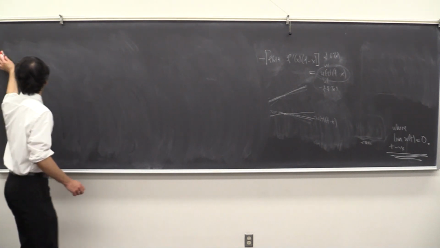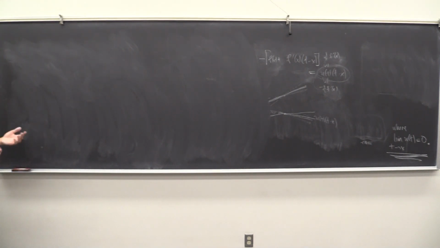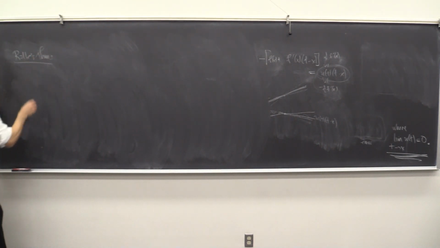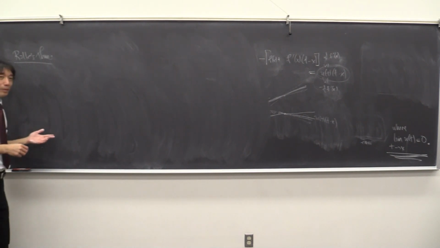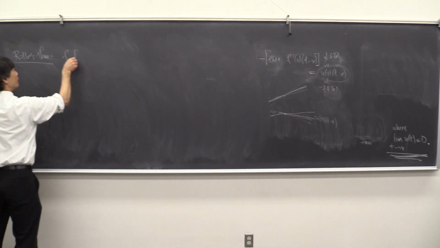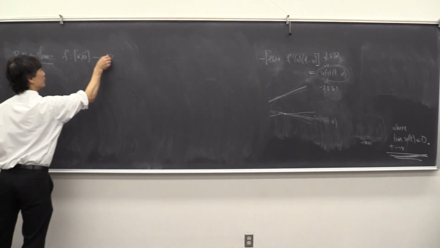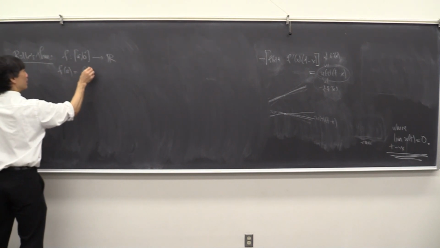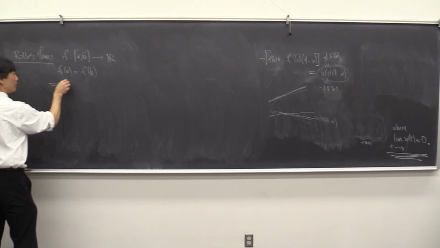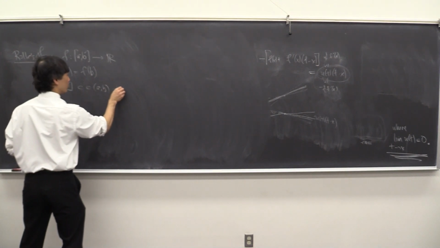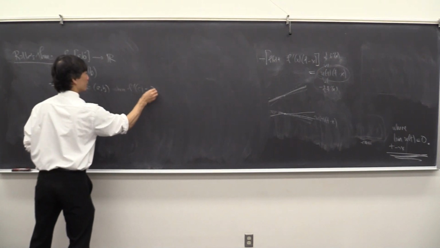Okay, some easier stuff. So we're going to head towards the mean value theorem now. So, Rolle's theorem. In case you remember Rolle's theorem, it says that if you have a function on a closed and bounded interval, and f of a equals f of b, then there must be some point between a and b where the derivative is 0.